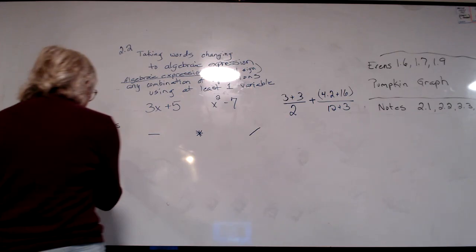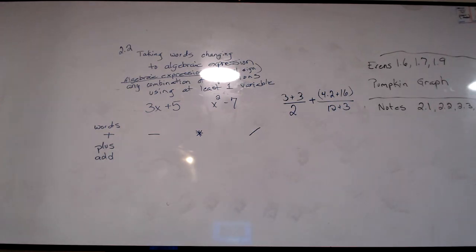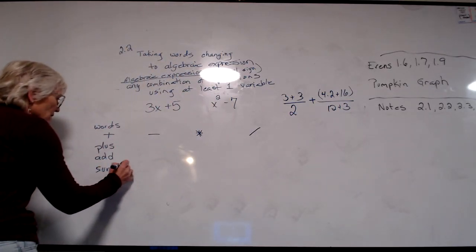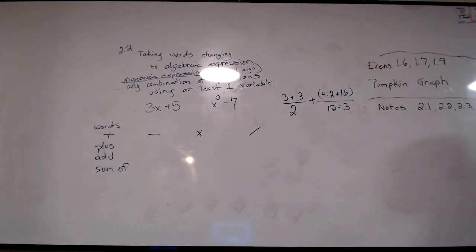Anybody want to try to guess another one? Addition is actually the whole word. Usually we shorten it to add. We don't say the addition of 3 plus 2. Usually we say add 3 plus 2, or 3 and 2. Find the sum of 3 plus 2. The sum of is actually an addition problem because sum means the answer when I add two things together.